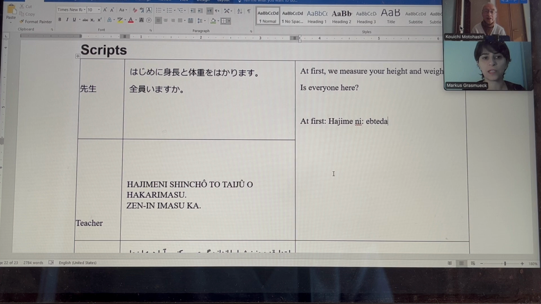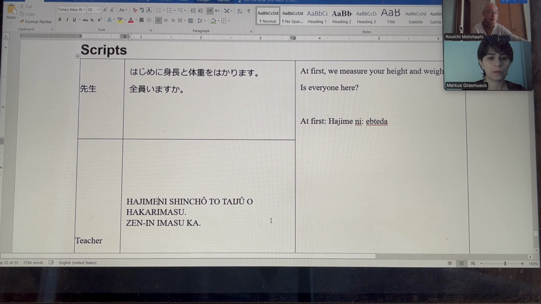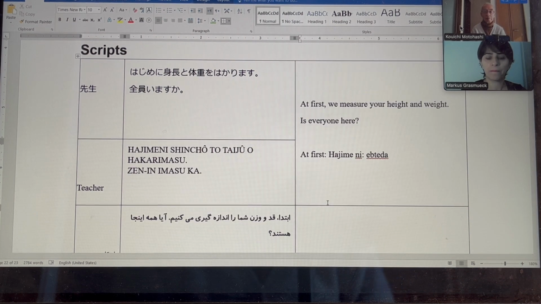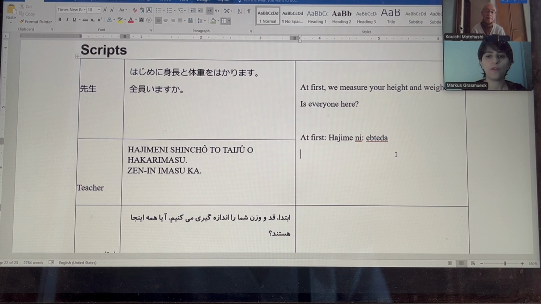The same as in English and Japanese, it comes at the beginning of the sentence. So hajimeni, ebteda, or at first. We measure your height and weight.